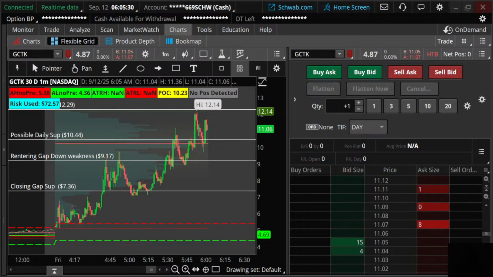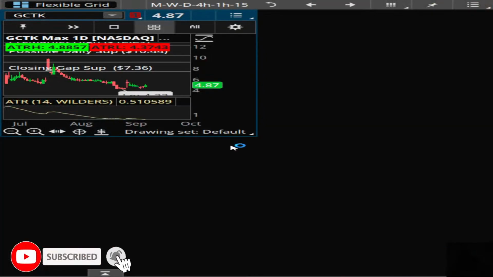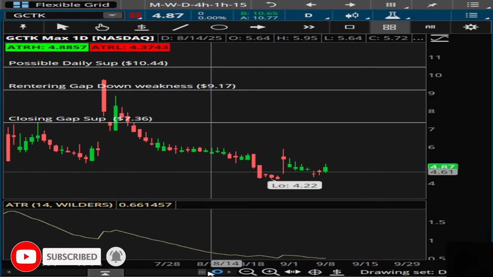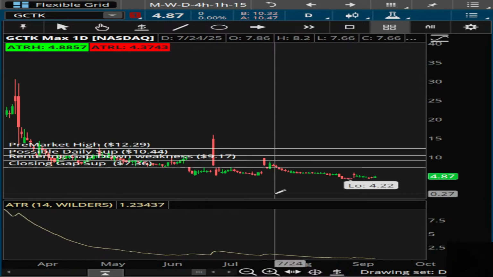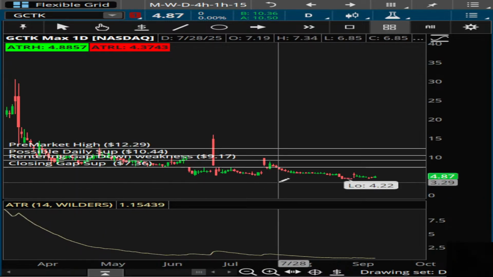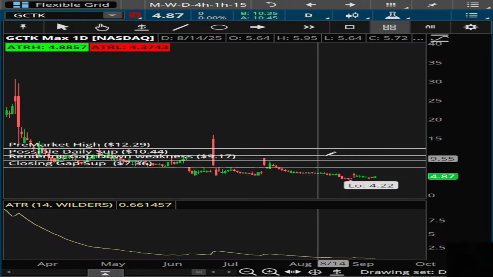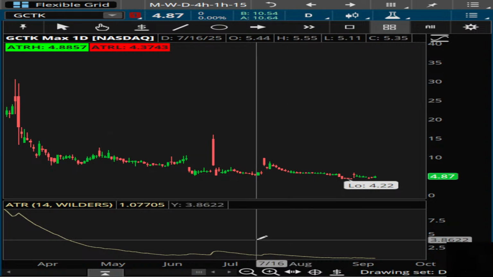Good morning, Cody. Let's see what this daily chart's talking about. Maximize. All right, so I have some previous levels out here, but not sure about them. I'm gonna delete all this, I'd rather just do it on the day of.